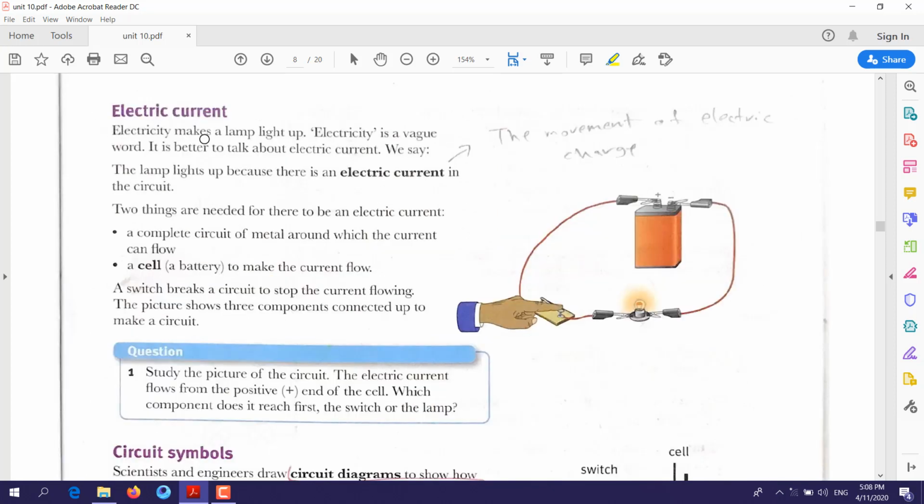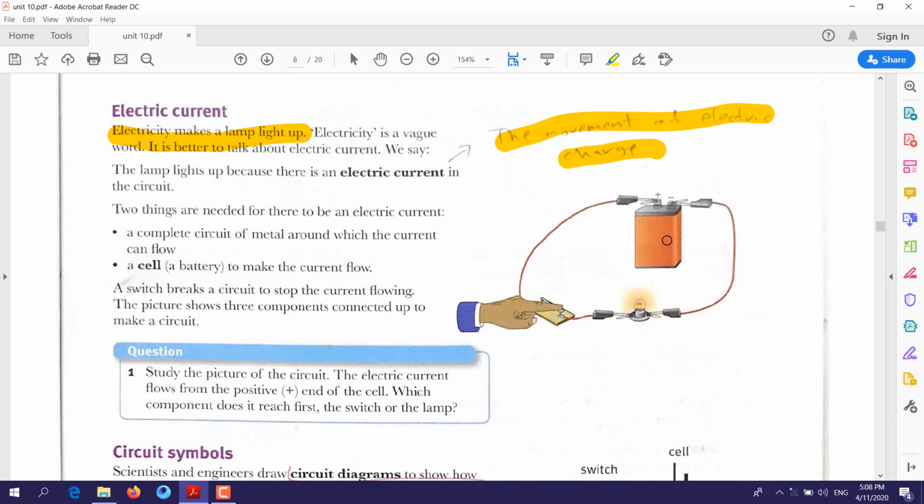Electricity makes a lamp light up. Okay. Here we need to understand what you mean by electric current. Electric current is the movement of electric charge. What does that mean?